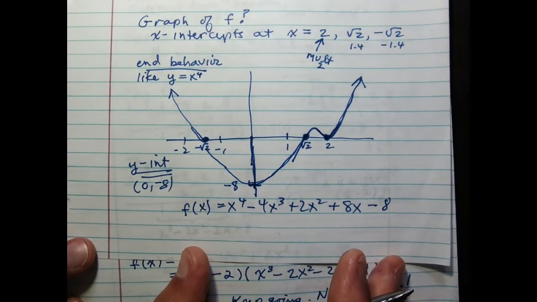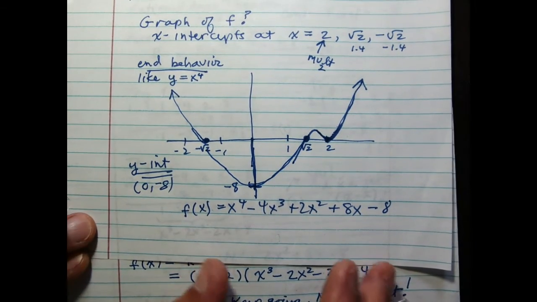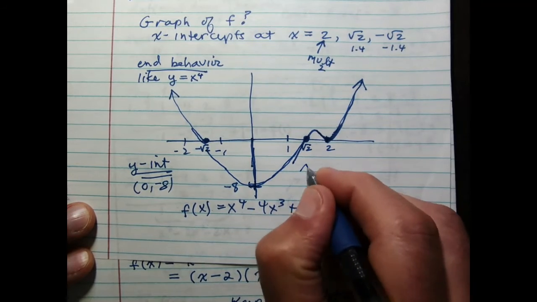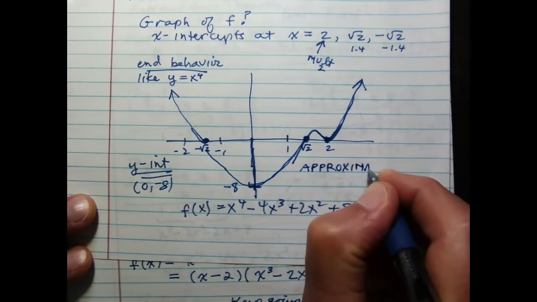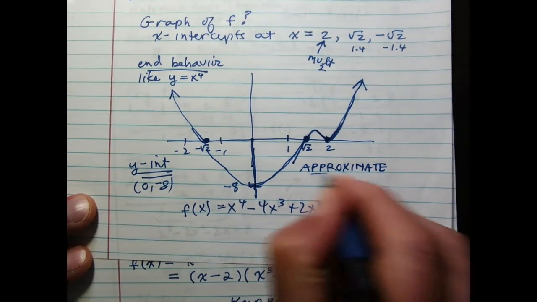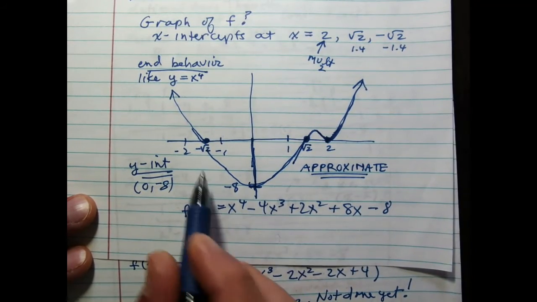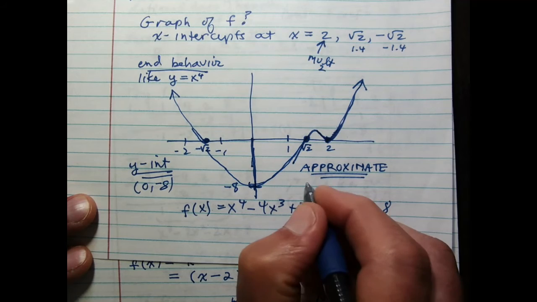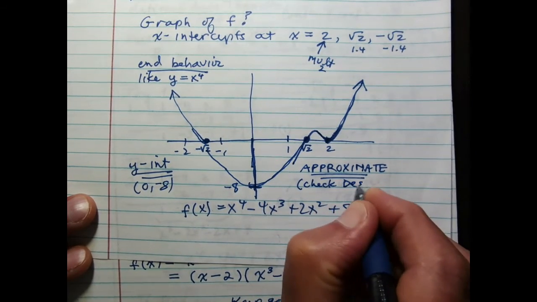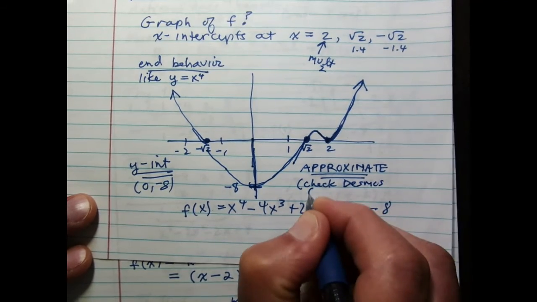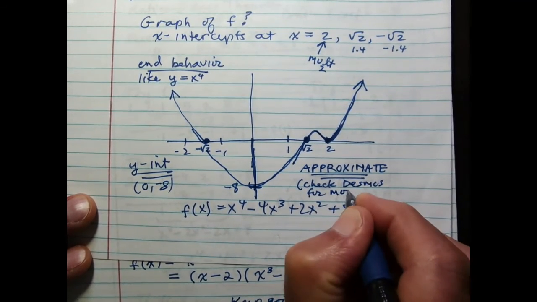So I think looking at the graph of this function is really informative. Now this graph is only approximate. It's not quite correct if you check Desmos for more accuracy.